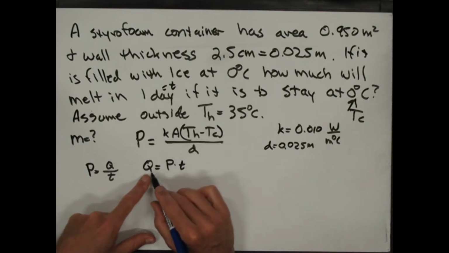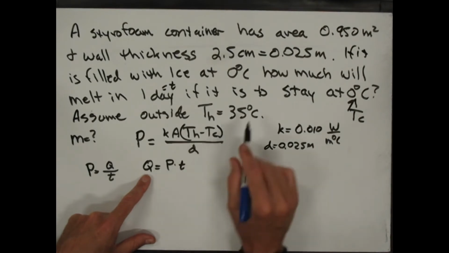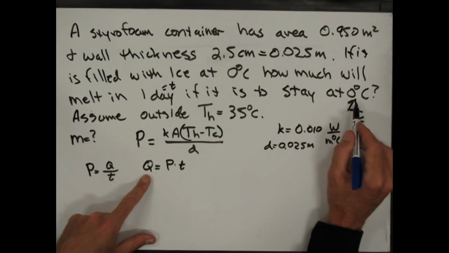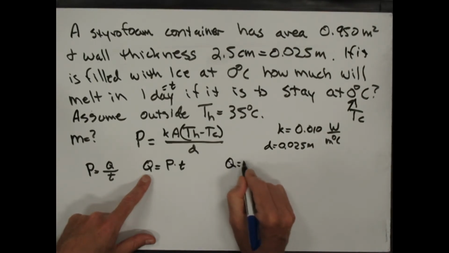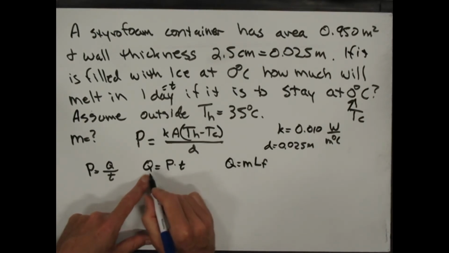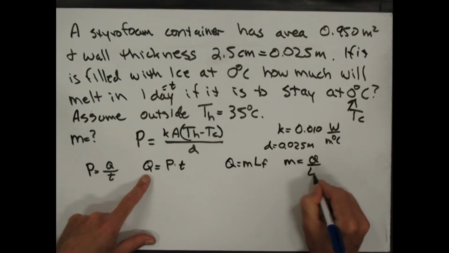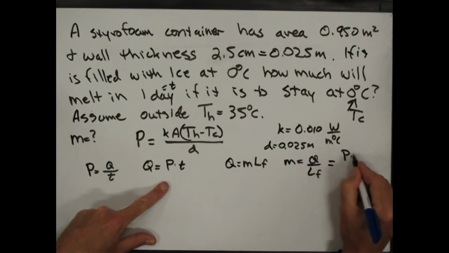And if you remember, this is the amount of heat that's going to move into the ice chest from the outside over 1 day if the outside is at 35 degrees C and the inside is at 0 degrees C. And if you remember from the section we did on heat of fusion, Q is equal to M L sub F. This is going to determine how much ice this much heat will melt. And so M is equal to Q over L sub F, right? But Q is power times time, and so the mass is equal to the power times the time over the latent heat of fusion of the ice.